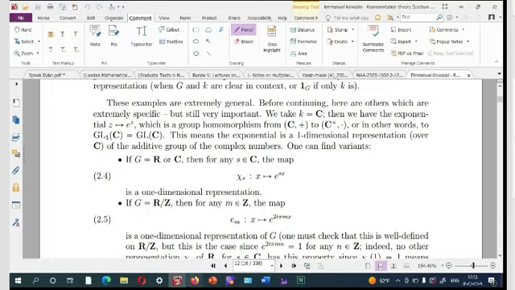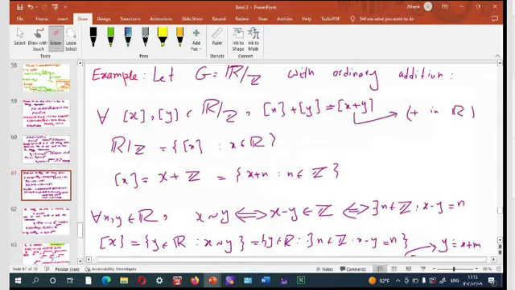For this example, this group is a quotient group or quotient space. Okay, we have this binary operation for each two classes or two cosets in this quotient space, such as x and y.